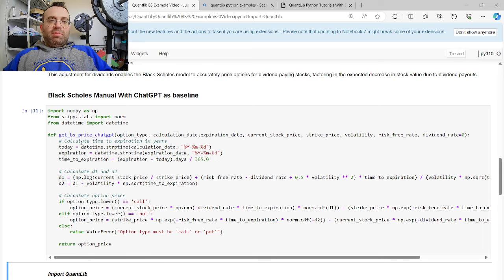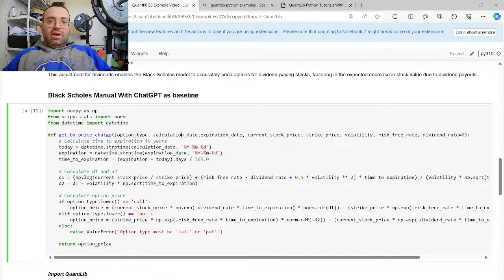So I made a function of option type, calculation date, expiration date, current stock price, strike price, volatility, risk-free rate, and dividend rate. A few things to know. Time to maturity in the Black-Scholes formula is usually quoted in years. And this 365 is a year, and I'll get into why that's important in a bit.